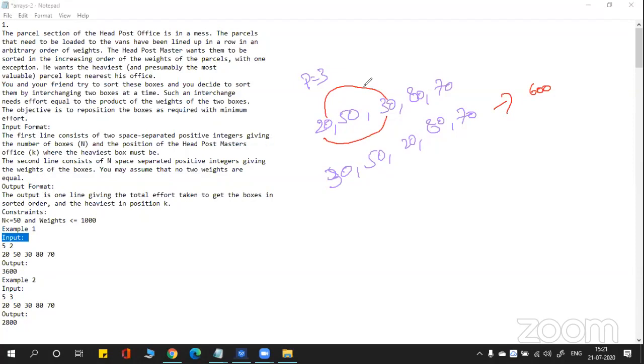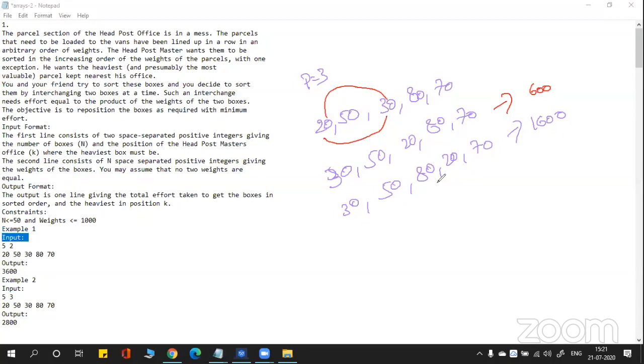After that, the next swapping is with this: 30 50 80 20 70. So next my effort will be 1600.